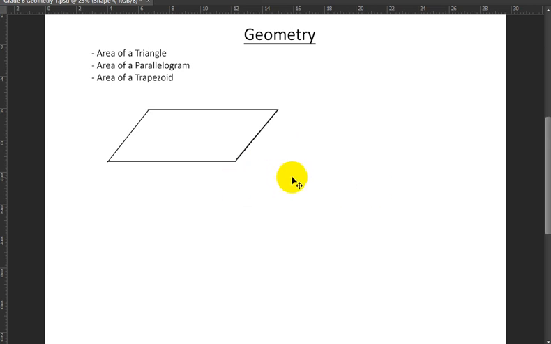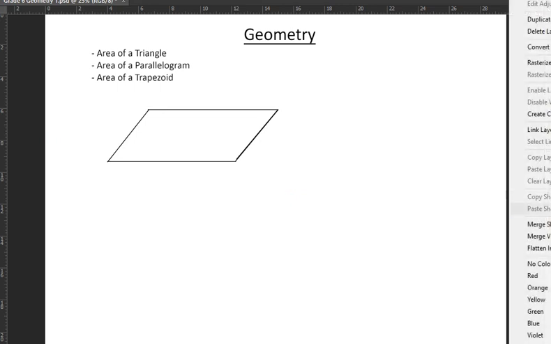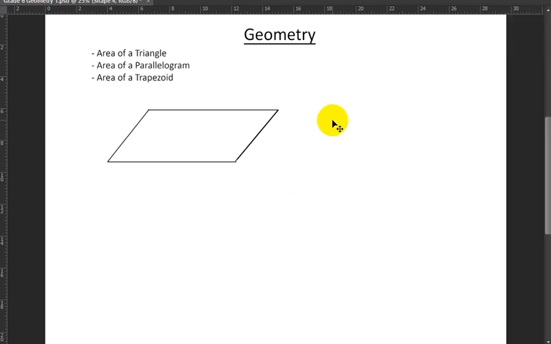This is a parallelogram. And as you can see, we have 4 sides, and this side is equal to this side and parallel, whereas this side is equal and parallel to this side.